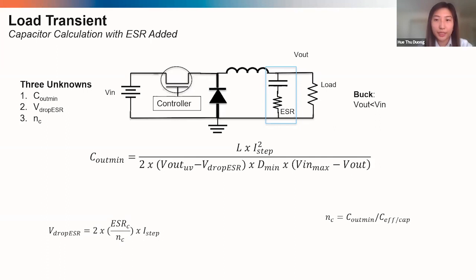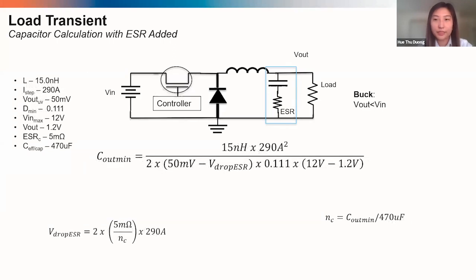With this new equation, we now have 3 unknowns. The first being C out min, which is the total output capacitance. The second being V drop ESR, which is the voltage drop across the resistive element of the capacitor, and this is approximately 2 times the total ESR of the bank times the current. The third unknown being NC, which is the number of capacitors in the bank.